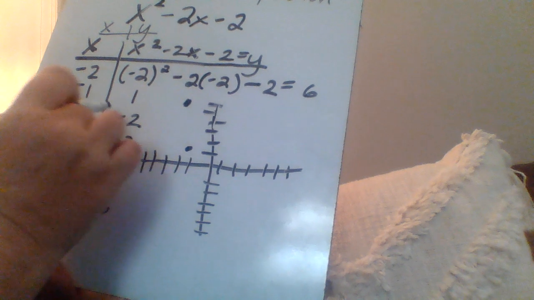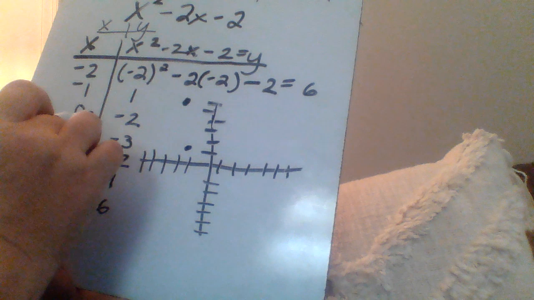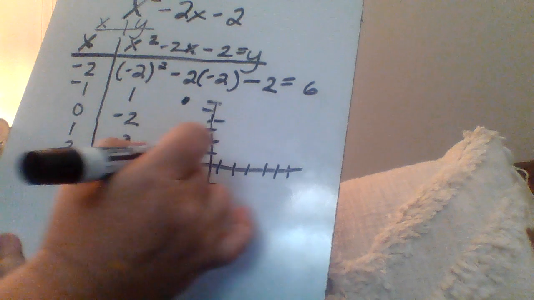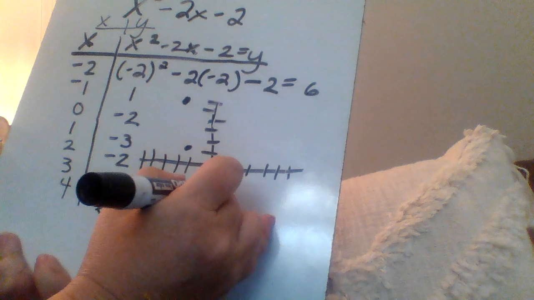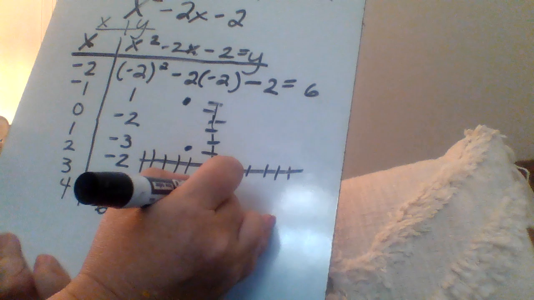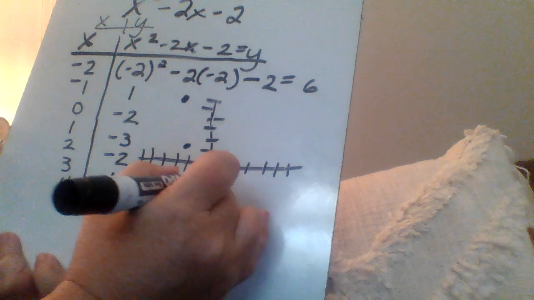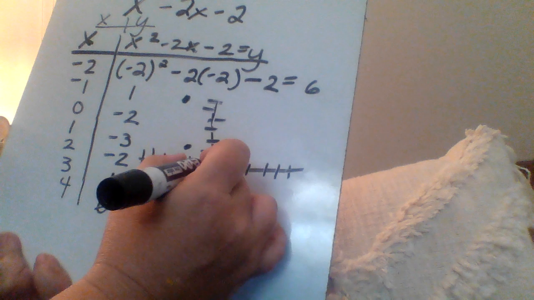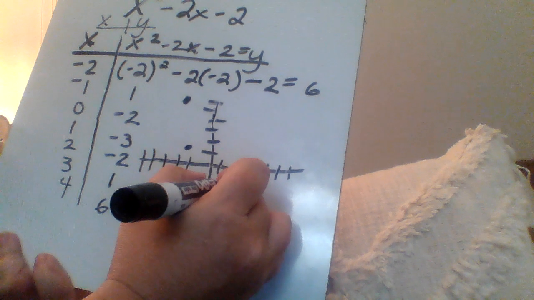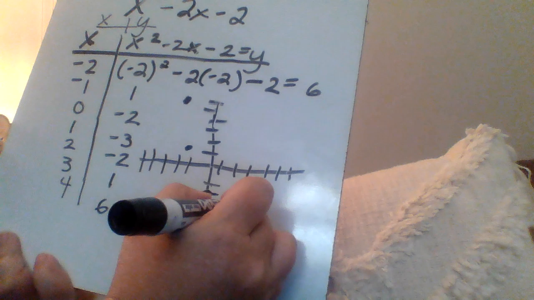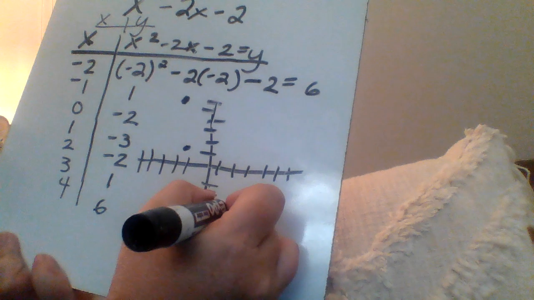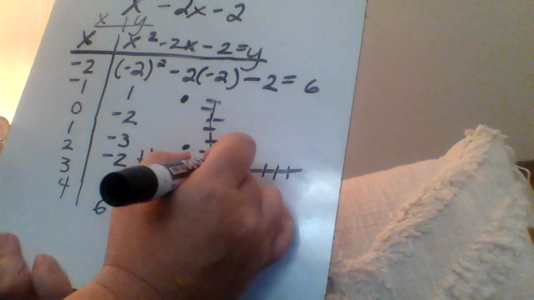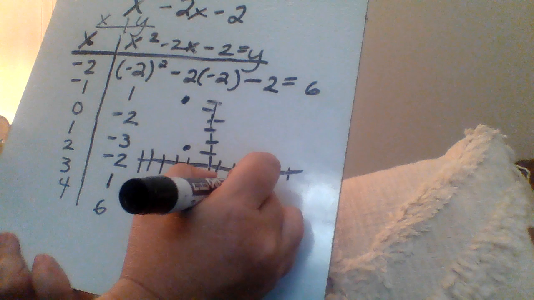Then we're going to have 0, -2. So we're going to start at the 0 and then just go down 2. It's going to be another point. And then our next point is 1 and -3. So over 1, down 3. And then our next point is 2 over, down 2.